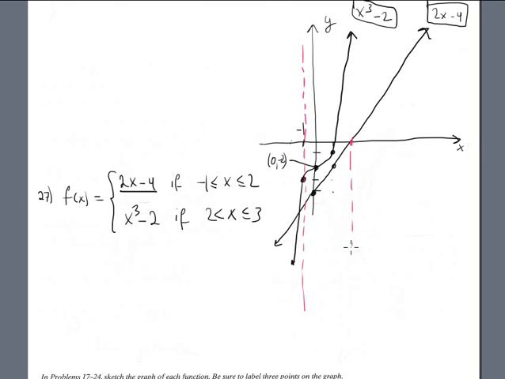It's a coincidence, it's the x-intercept. And 3 is here. So this is negative 1, this is positive 2, and this is positive 3. x equals 3.